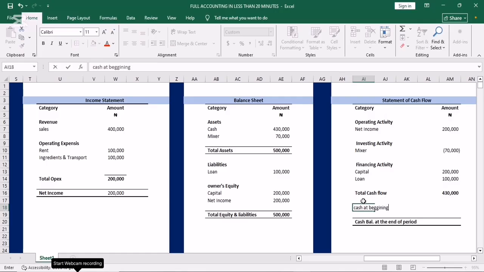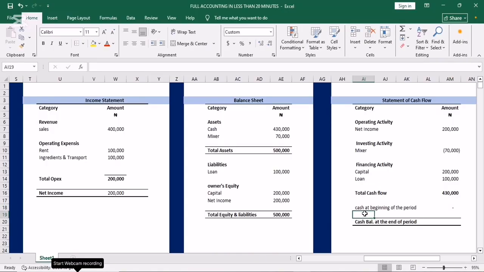All right, we have period right here. Definitely it's zero because the business never had a cash brought forward from the previous year, because this is the first year of the operation of the business. So definitely it's zero right up here.